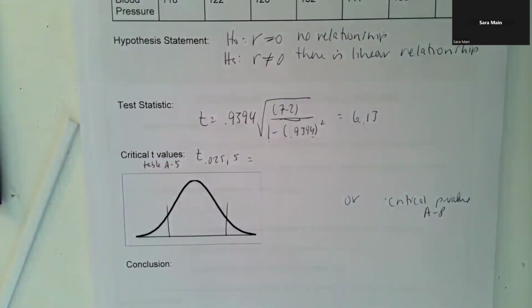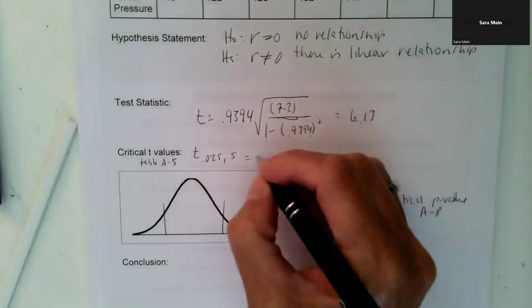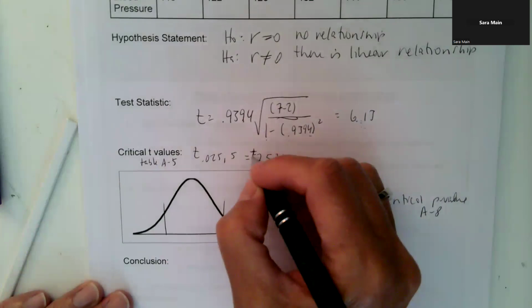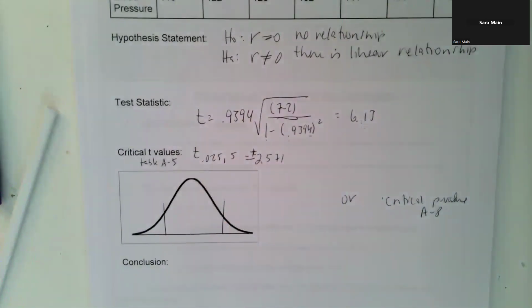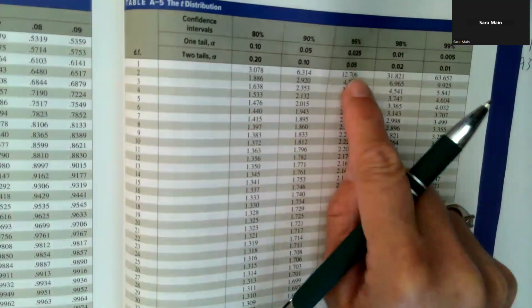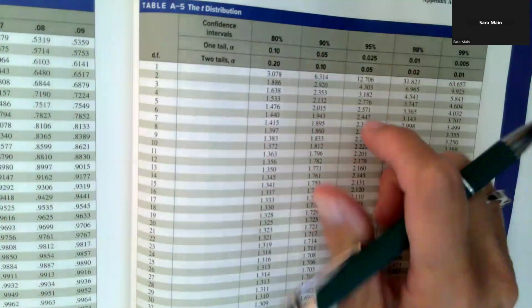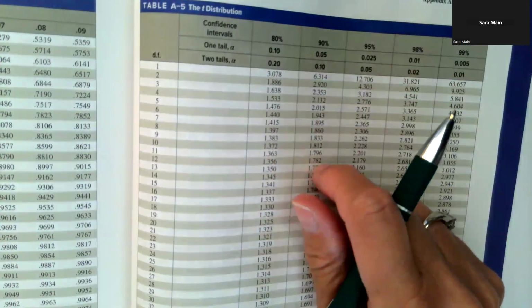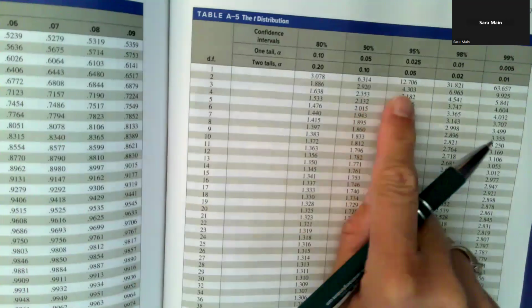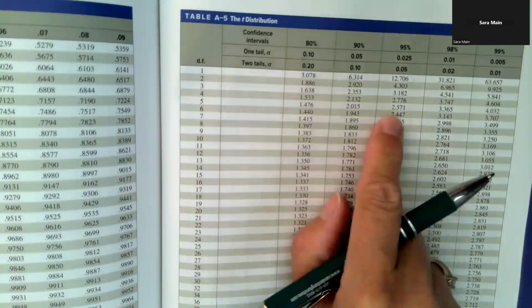So table A5 at 0.025 and degrees of freedom of 5 is 2.571, plus or minus, because it's two-tailed. Alpha is 0.05 and it's two tails. So it's 2.571.